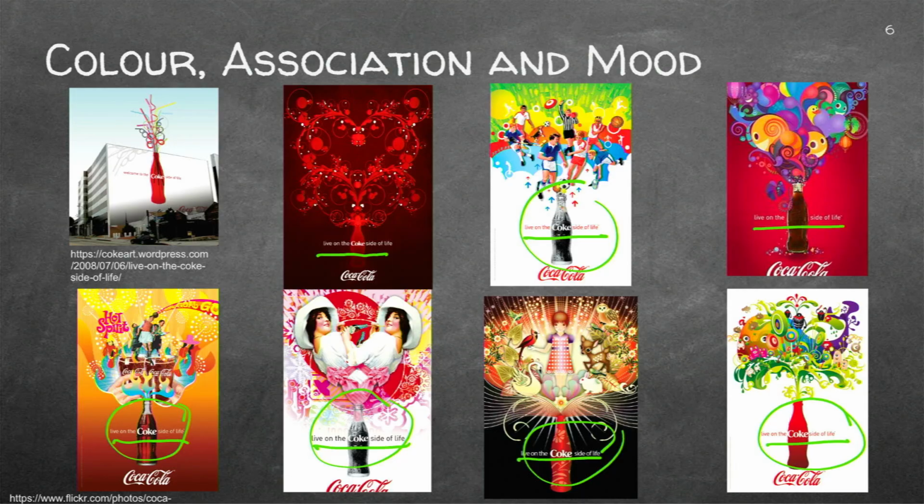In this one, for instance, which I find very interesting, they used the Coke bottle, but it's more or less in the Coke color, right? And they also have the same idea of the burst of flavor.